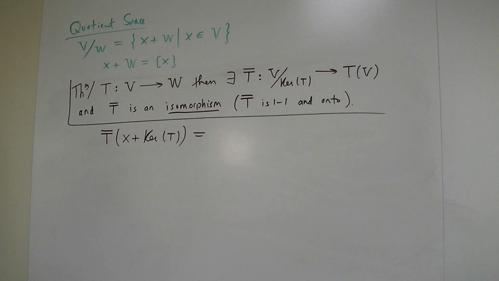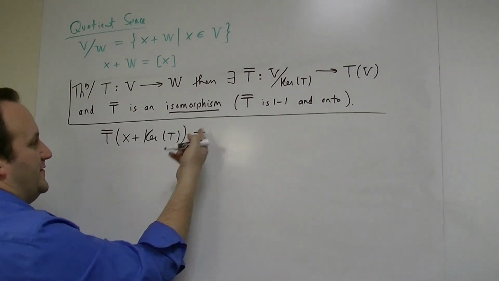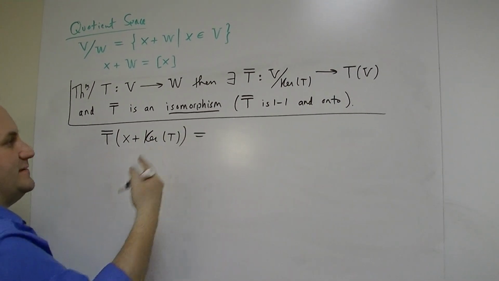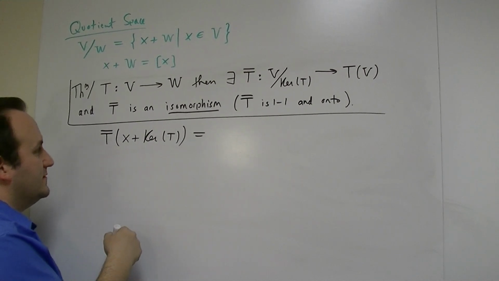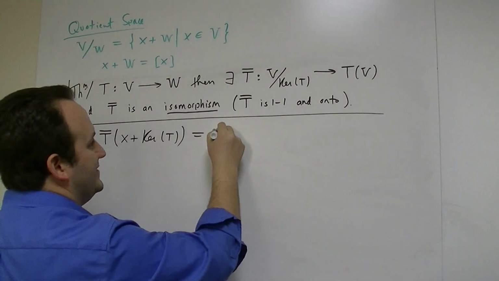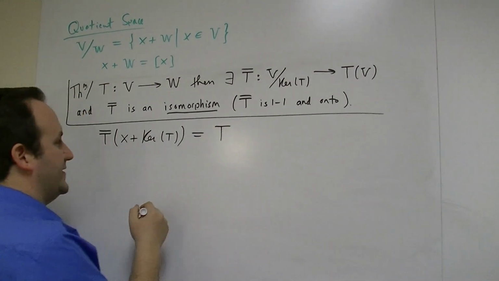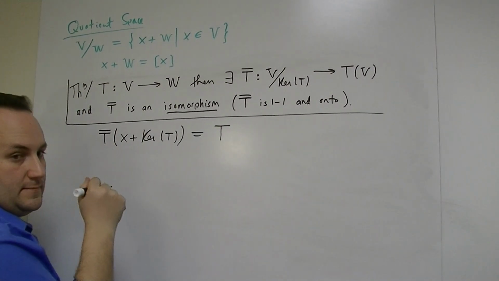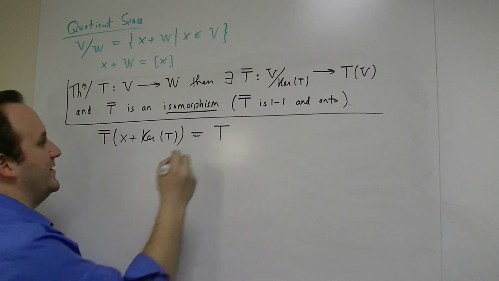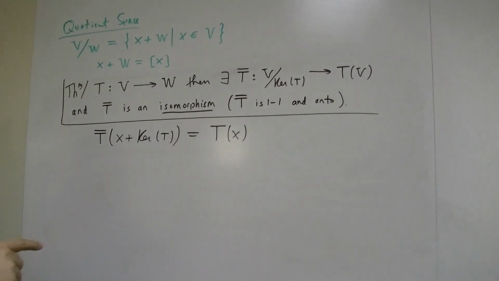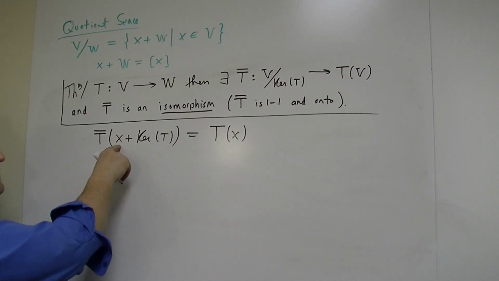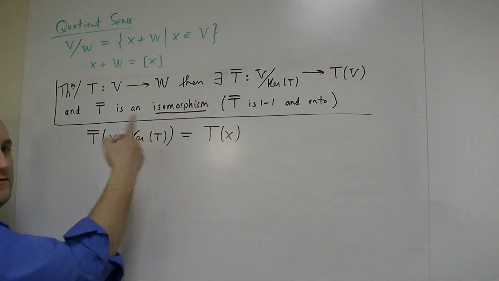You have to give me a formula here. All you have to work with is T. There's really only one thing to write down: T of x. T takes things from V, x is from V, so T of x makes sense.